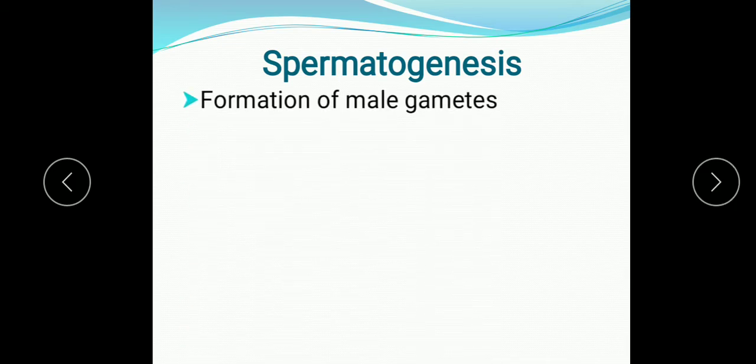The formation of male gametes, that is sperms, is called spermatogenesis. Where does it take place? It takes place in the testes, which are the primary male sex organs, under the influence of FSH hormone, which is secreted from the pituitary gland. Spermatogenesis in the human male starts with the onset of puberty, and it continues throughout life.